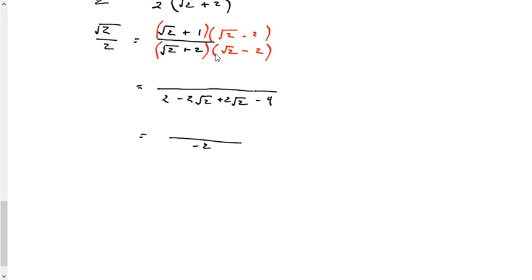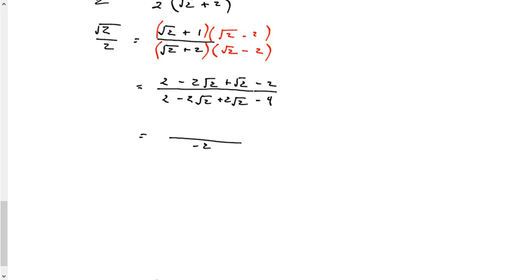So let's expand that numerator as well. Root 2 times root 2 is 2. 2 times negative root 2. And then the 1 times root 2. And then the 1 times negative 2. So in the numerator, I have the 2 up here and negative 2 there, they will cancel out.